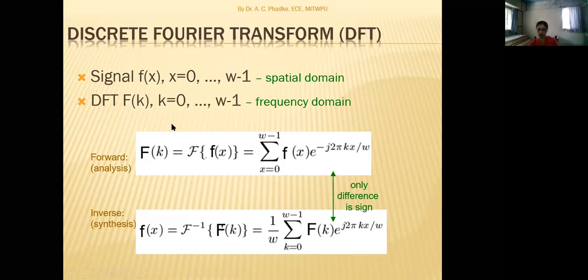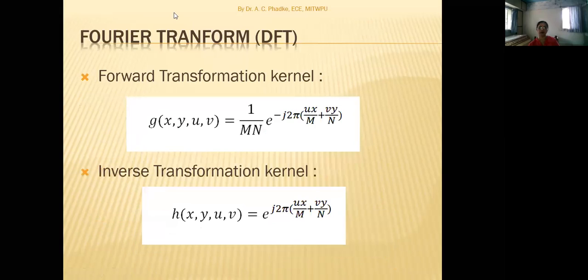And the same concept we can extend for two-dimensional transforms. So for two dimensions, instead of simply g(x, u), now we have g(x, y, u, v), because for a two-dimensional signal like an image, we have one x coordinate and a y coordinate, and when we transform it, corresponding to x we get u, and corresponding to y we get v.